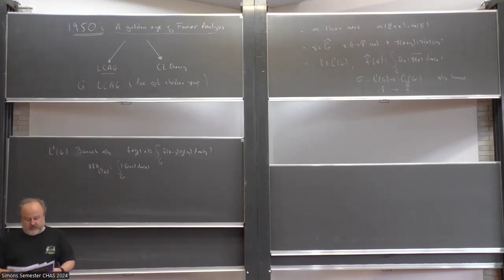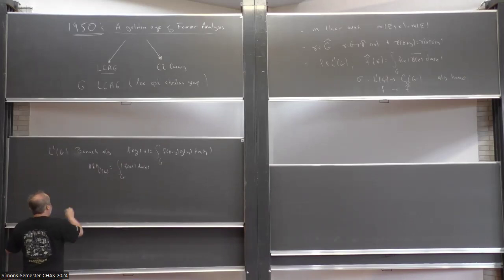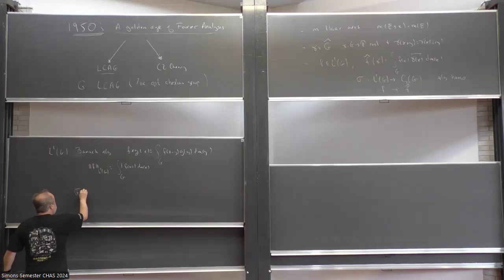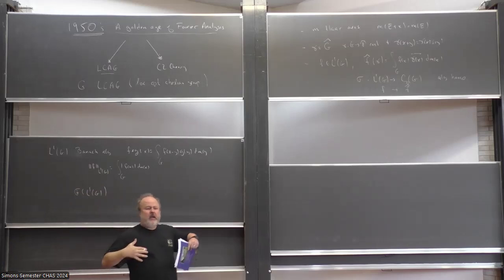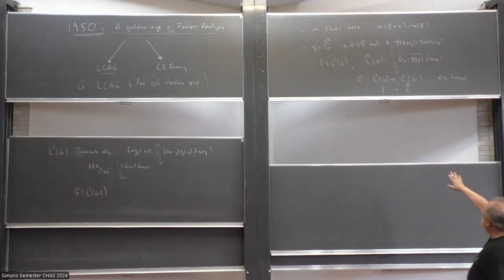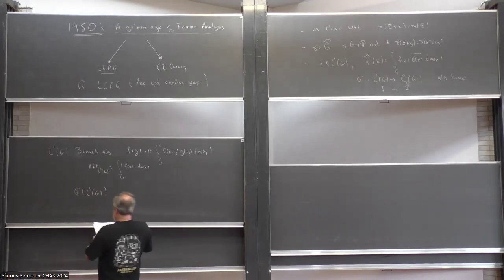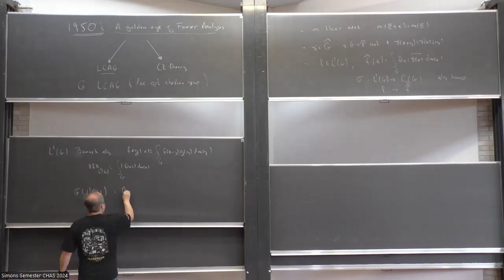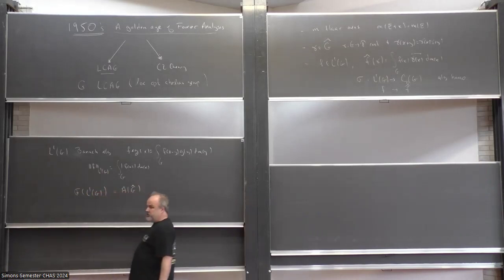Now I want to continue with this, and look at the image under the Fourier transform. The Fourier transform maps any integrable function into a continuous function, but it doesn't give me all continuous functions that vanish at infinity. So this becomes a subalgebra of the continuous functions on the dual group.